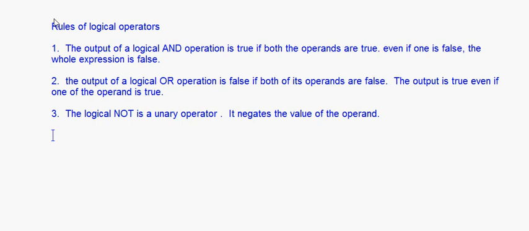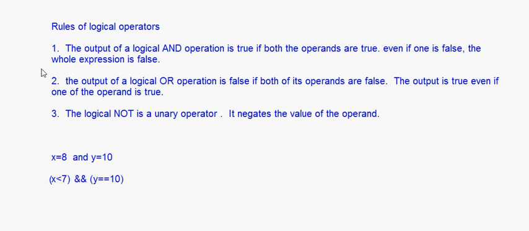Now suppose we have something like this: x is equal to 8 and y is equal to 10, right? Now if I write a statement like this: (x less than 7) and y equal to 10.